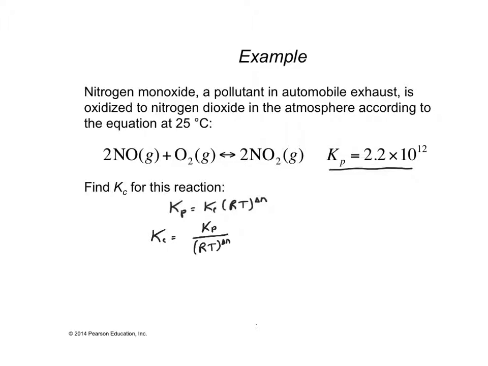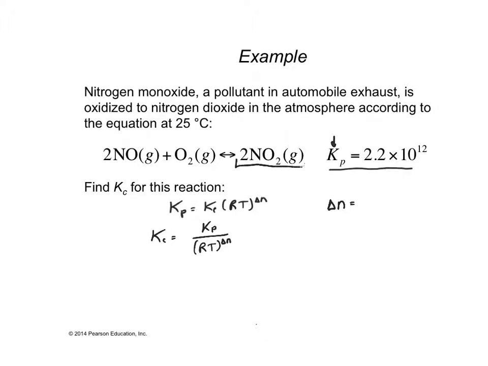It's important to note that that delta N goes specifically only with the RT. It doesn't go with the K, right? So it's RT raised to the delta N, okay? So now I've got my Kp. I have this number here, so I can plug that in. I'm going to look at what delta N is here. So delta N is the number of moles of gas as a product. So the product comes first.